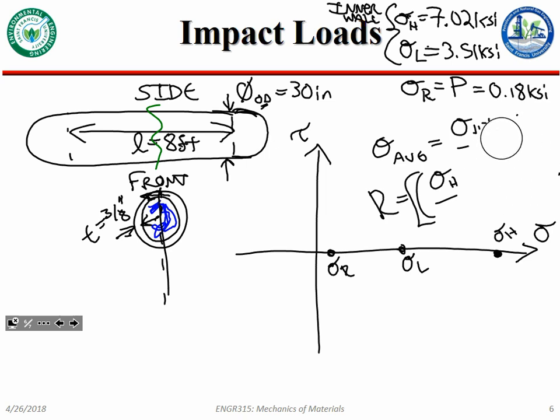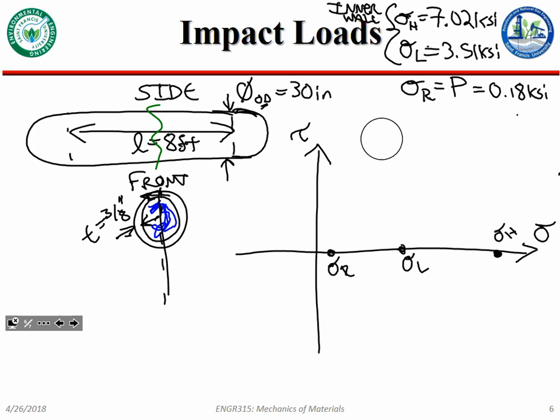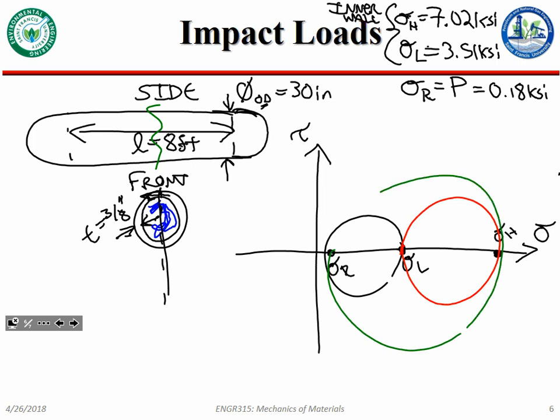So, for a thin wall pressure vessel, it's somewhat simplified. Now, what are my circles? Circle between the R and the L. There are three circles. That's a terrible circle.